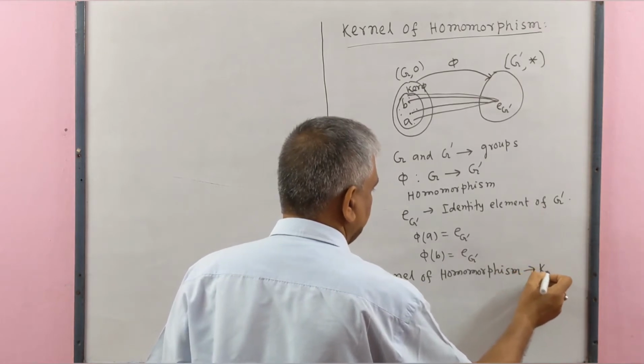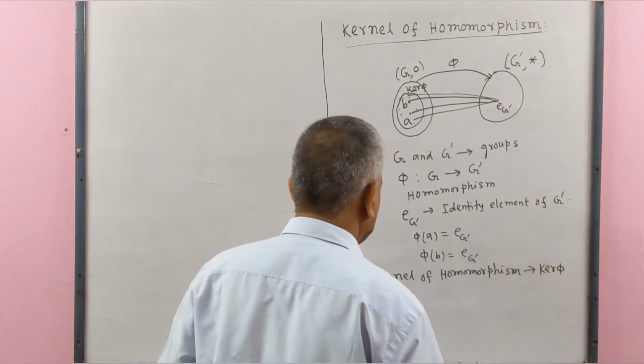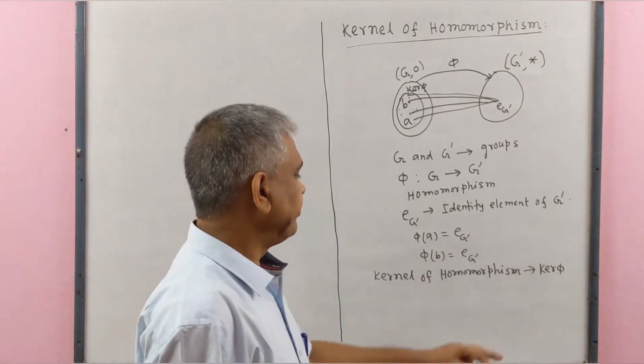We denote the kernel of homomorphism by ker phi.